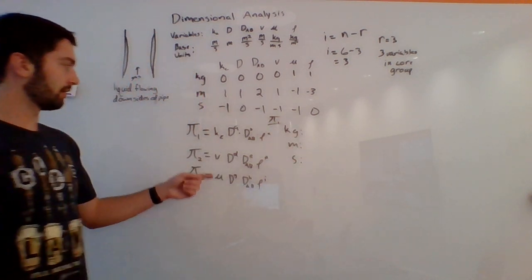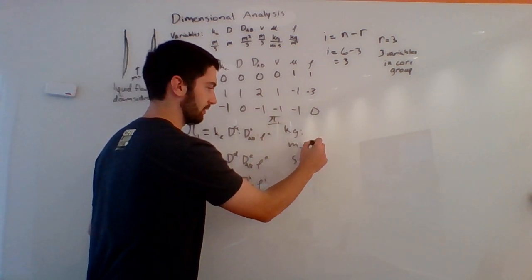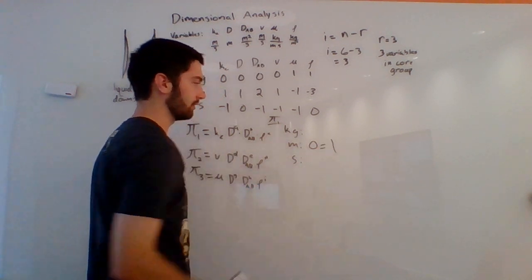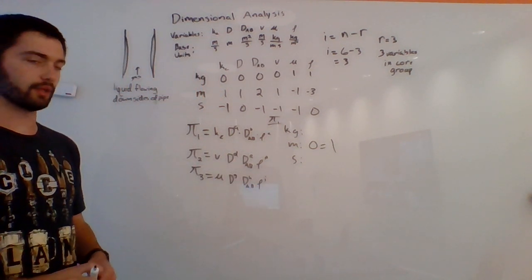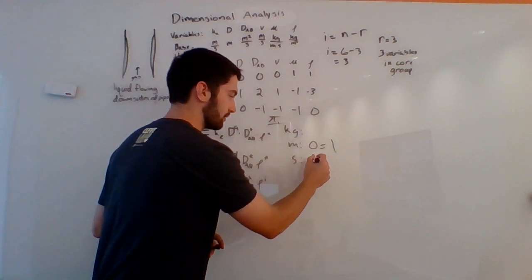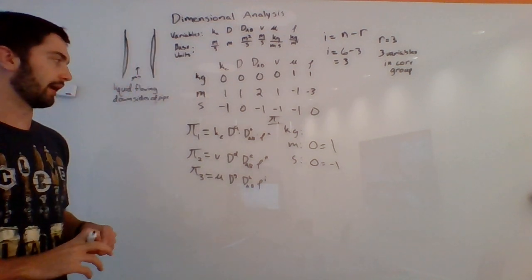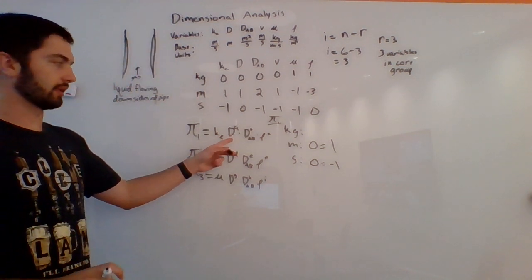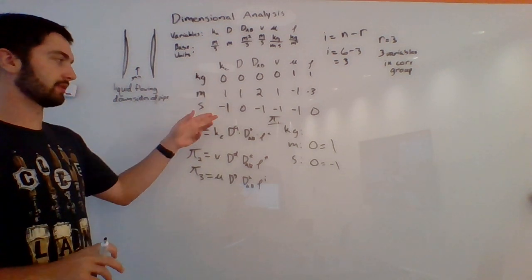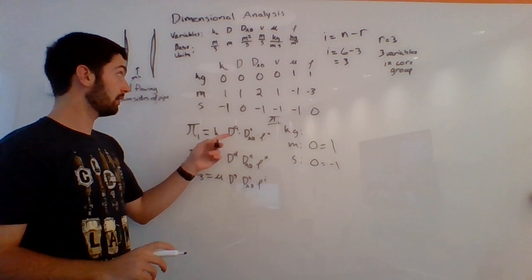Like I said, we know that we have a meter in the numerator, so that would be a positive 1. The left side is going to be 0, but we know we have a meter, so we know we're going to have 1 there. We know we have a second in the denominator, so we can start our equation with the negative 1 here. And now we just go through and look at each variable and determine what base units it has and how it will affect our dimensionless number.